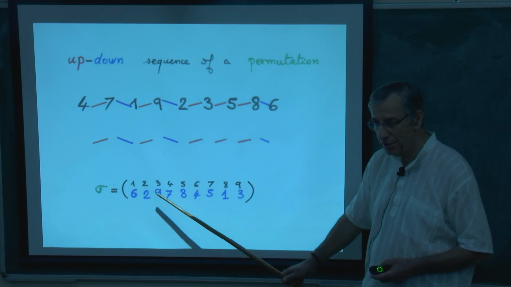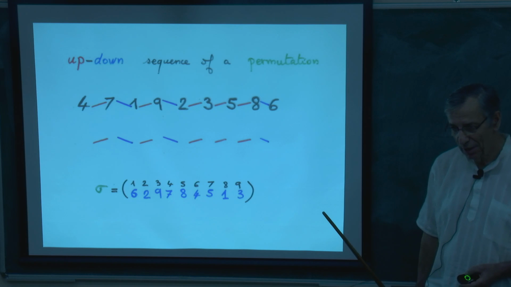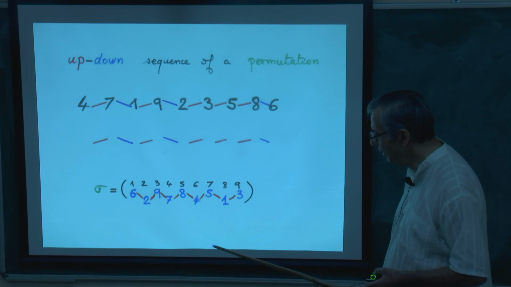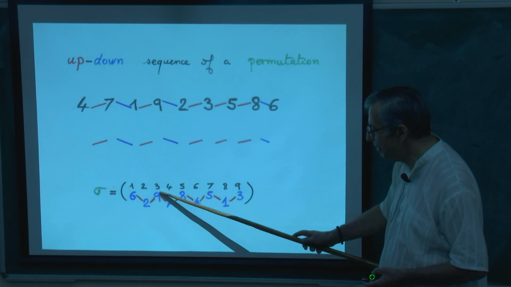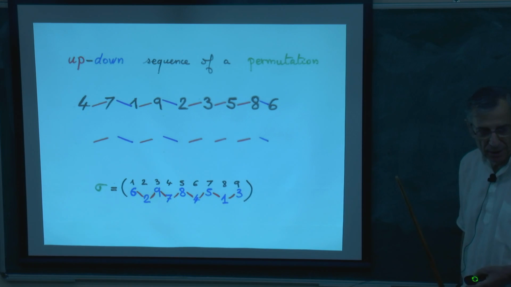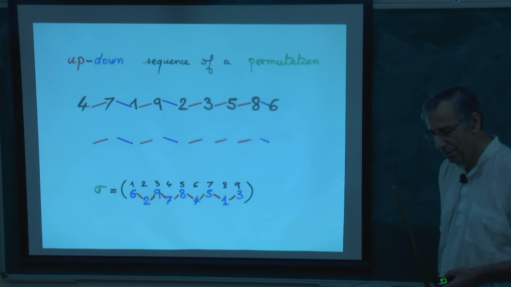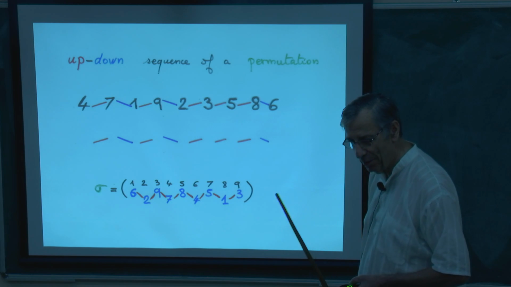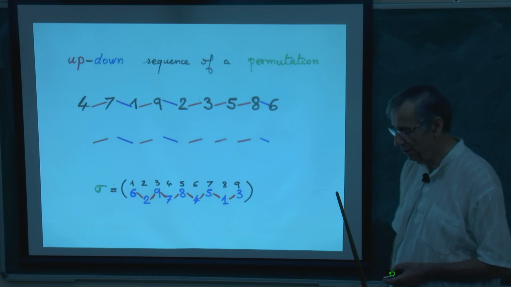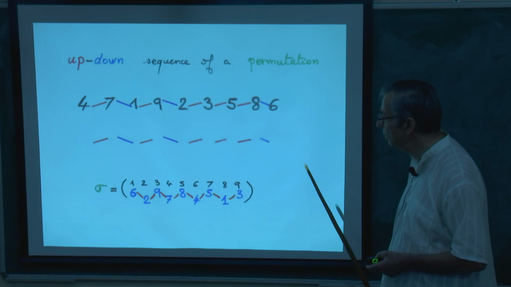For example, we have seen that tangent and secant numbers are enumerated by alternating permutations. Alternating permutation means you have a descent, rise, descent, rise, descent, rise. So the word in the up-down sequence is constantly alternating. There is no double rise or double descent. What we call a double rise is two consecutive rises, or a double descent, two consecutive descents.